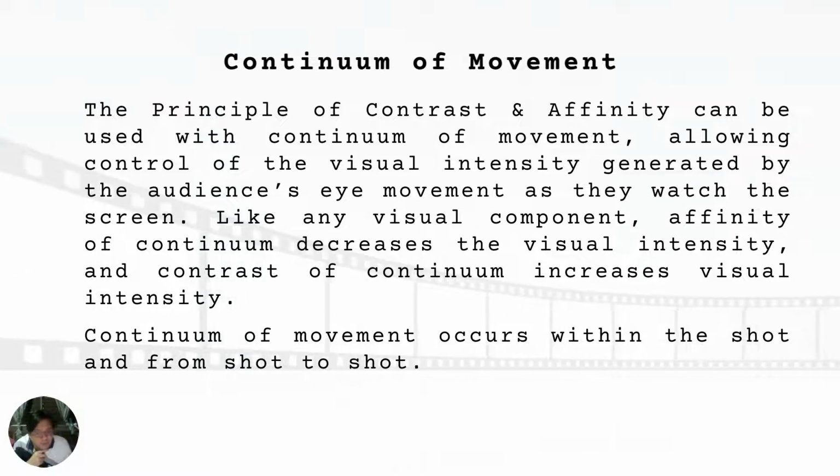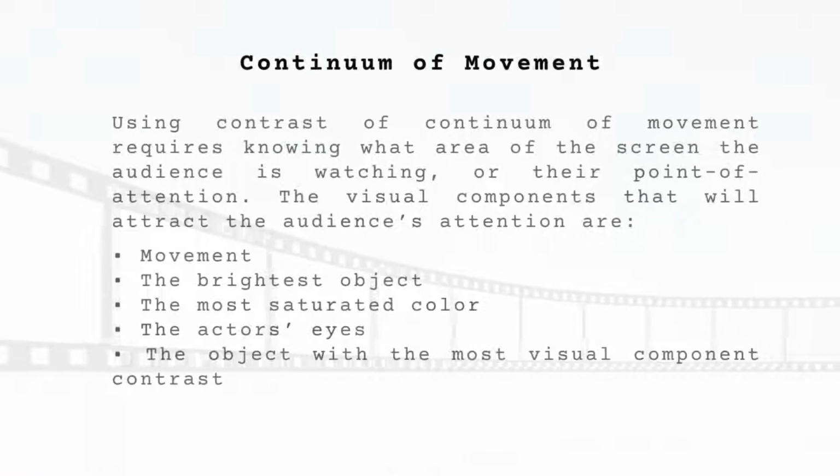Okay, now continuum of movement occurs within a shot or from shot to shot. Okay, within a shot, just one shot, or one shot edited to another shot. You can also connect the two shots together to form continuum.